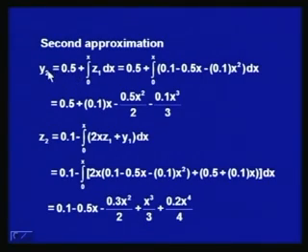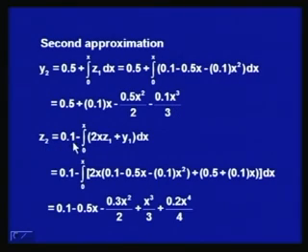Second approximations: y2 equal to 0.5 plus integral 0 to x z1 dx, which is equal to 0.5 plus integral 0 to x of 0.1 minus 0.5 x minus 0.1 x square dx, which is equal to 0.5 plus 0.1 into x minus 0.5 into x square by 2 minus 0.1 into x cube by 3.